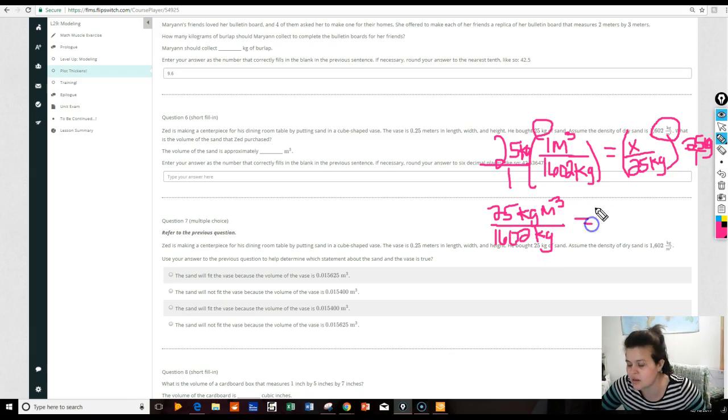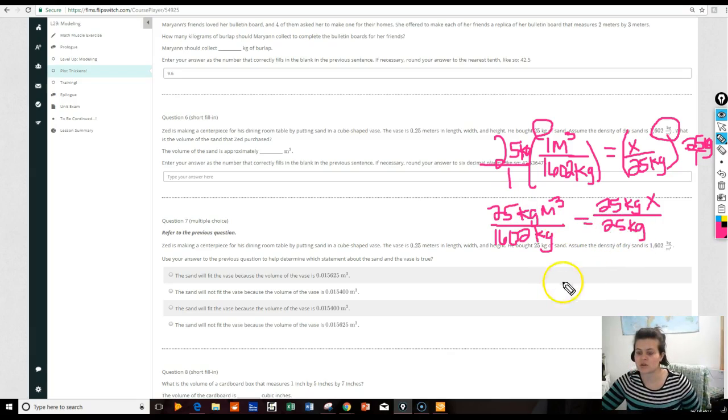That's going to equal x times 25 kilograms, which is 25 kilograms times x, divided by 25 kilograms times 1, which is 25 kilograms.